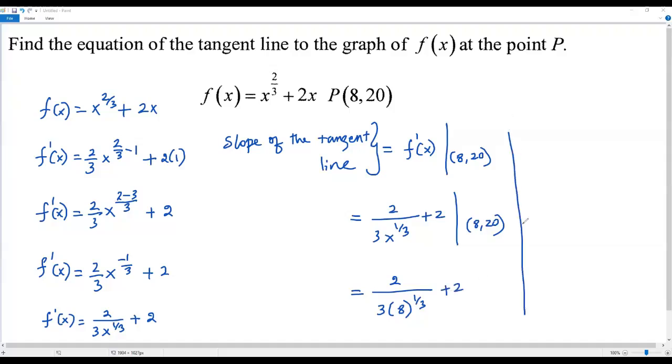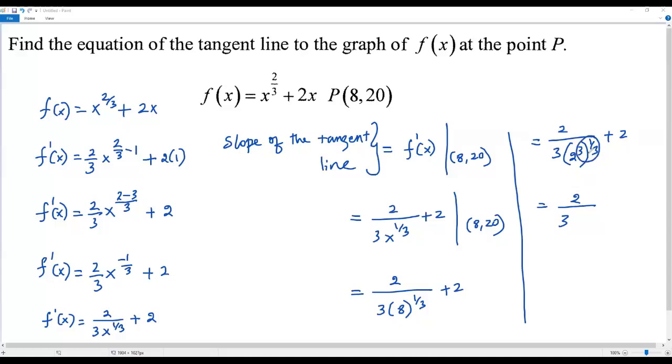Let's simplify this. We already know that 8 is a power of 2, so 8 can be written as 2 to the third power, whole to the power 1/3, plus 2. Here there is a base 2 with exponent 3, and for the complete stuff we have exponent 1/3.